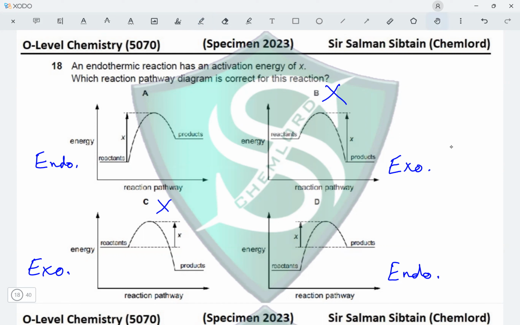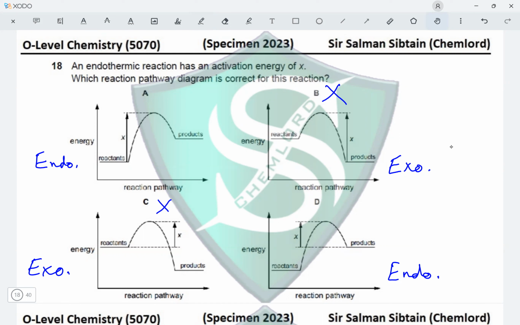Now, we have decided which of the four energy profile diagrams are exothermic and endothermic. So A and D are for endothermic. So the next thing we need to do is find out the activation energy value being X.